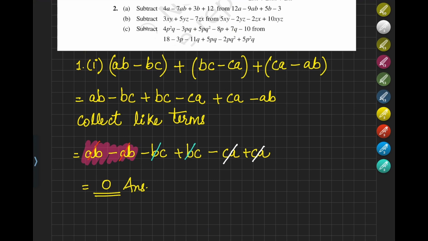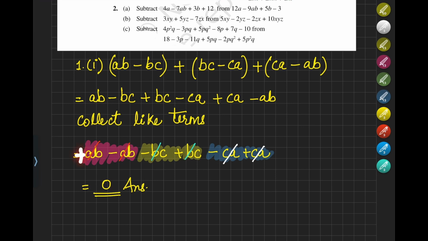Then the next term is minus bc and plus bc, so I collect minus bc and plus bc together. And then we have minus ca and plus ca. So we write minus ca and plus ca together because they are like terms.